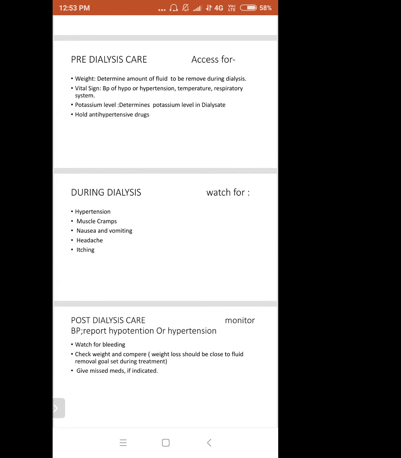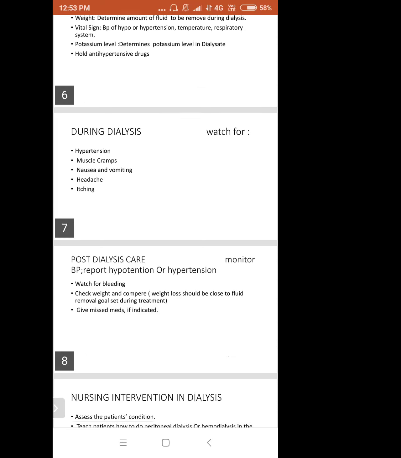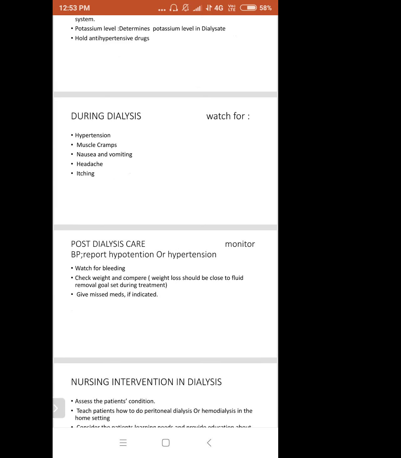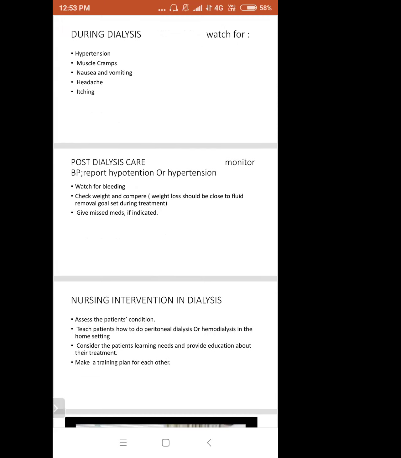Post-dialysis care. Monitor BP, report hypotension and hypertension. Watch for bleeding, check weight and compare. Weight loss should be close to the fluid removal goal set during treatment. Give medicine if indicated, meaning if necessary, then you should give medicine.